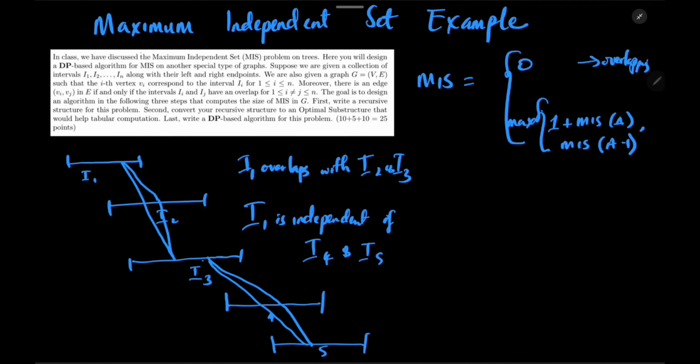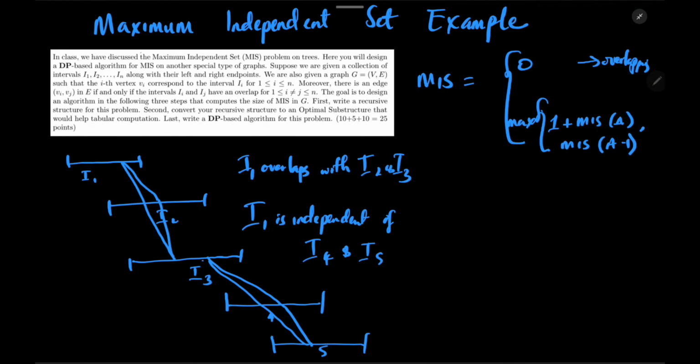So for our optimal substructure, we just want to select I. If we select I, then we skip all overlapping intervals. So if we select any interval, we skip every other interval that overlaps with it. And if interval I is not selected, then we include all overlapping intervals of I. That's optimal substructure.